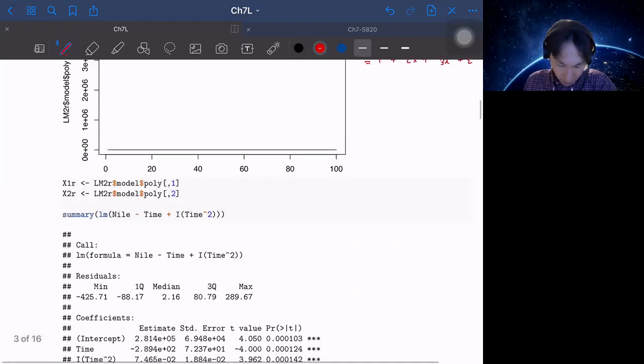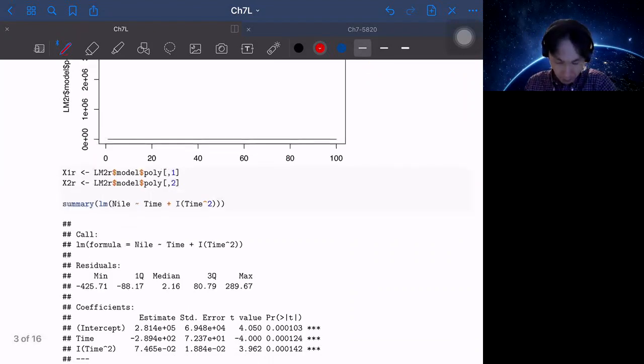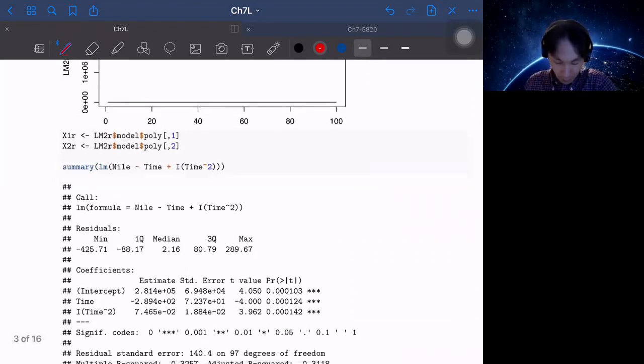Okay, so in this way, yeah. So another way to use the same model is this. So this is maybe more straightforward, time and the square of time.